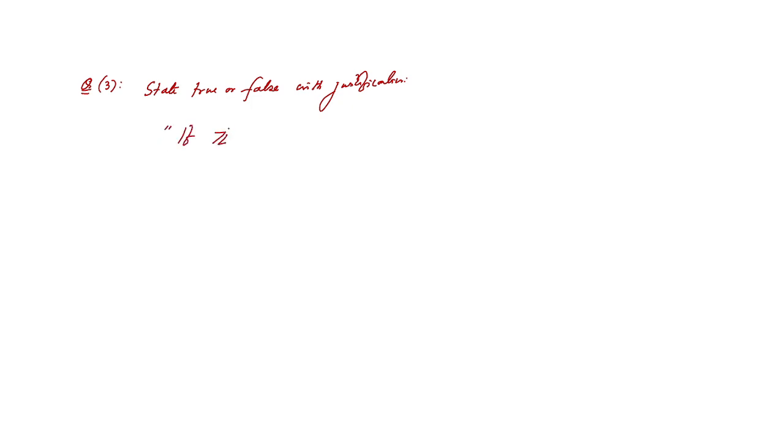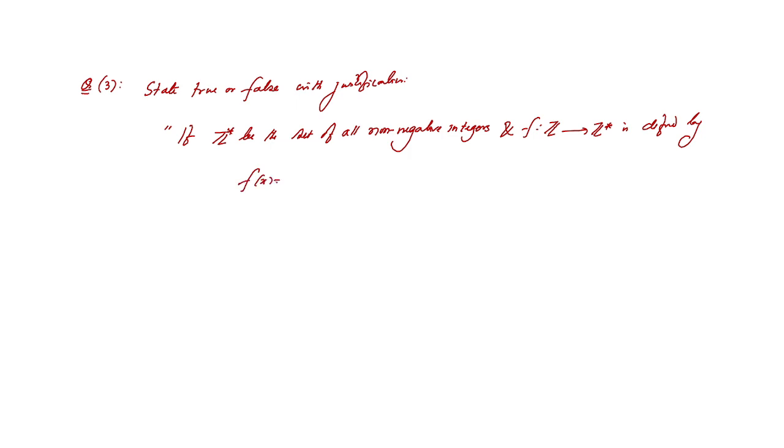If Z star is the set of all non-negative integers and f is a function from Z to Z star defined by f of x equals half of x plus mod x, then f is a bijective mapping.